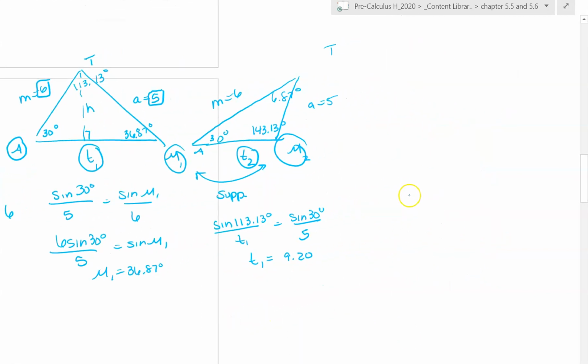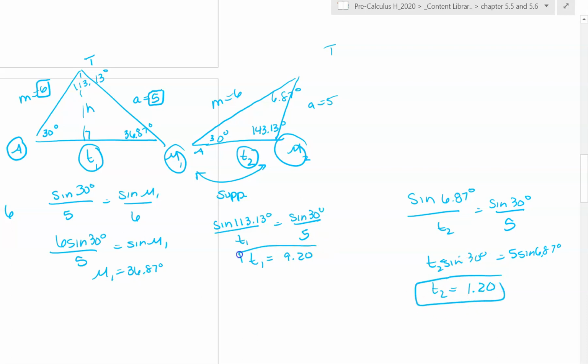Over here in the second triangle, the sine of 6.87 degrees over T2 equals the sine of 30 over 5. Again, you could cross multiply. Grab your calculator in degree mode, and you should get, for T2, 1.20. And that does make sense because notice this side looks much smaller than this side.